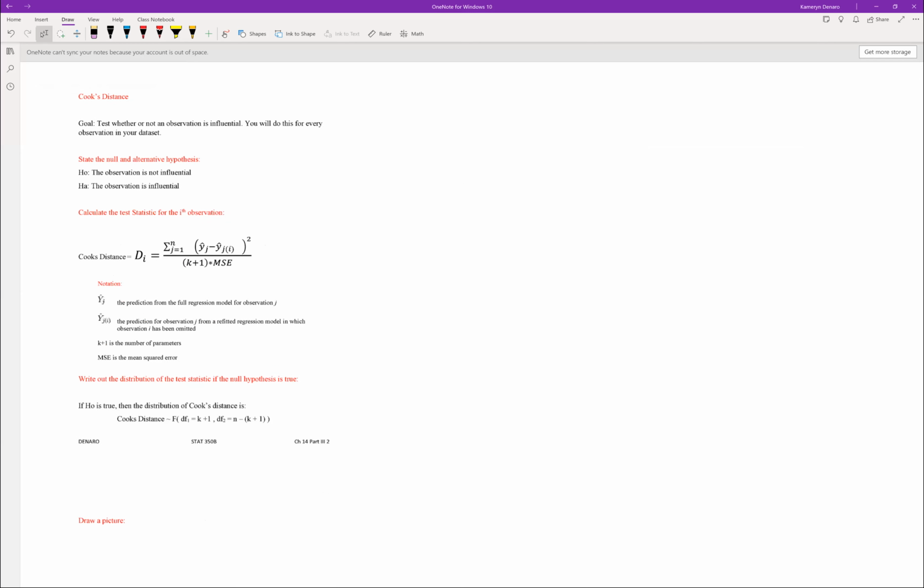One reason that you might use Cook's distance is to test whether or not an observation is influential. And we're going to do this for every observation in your data set.